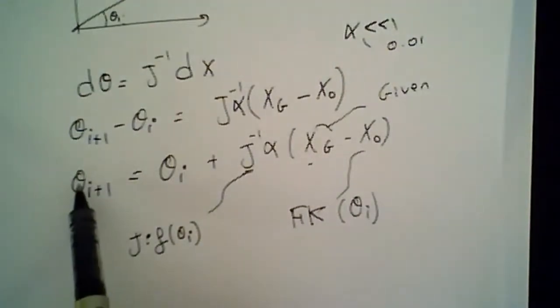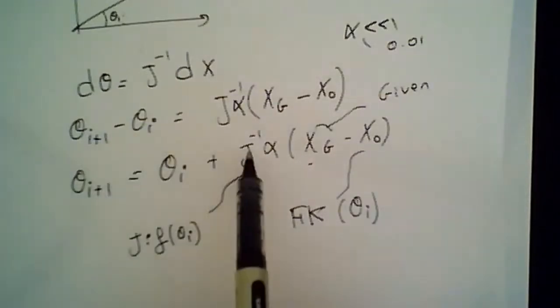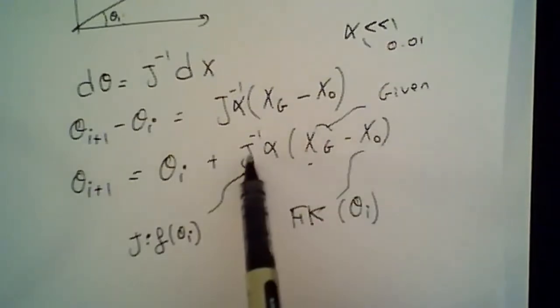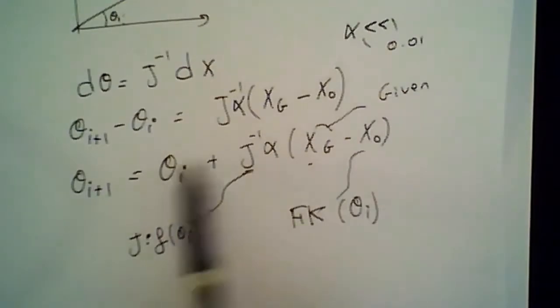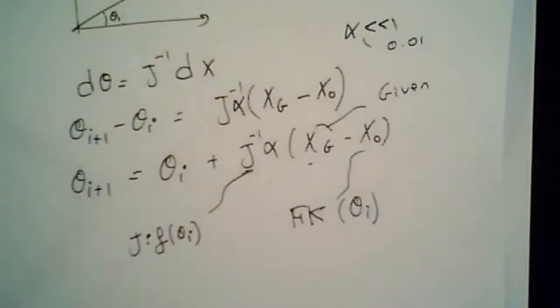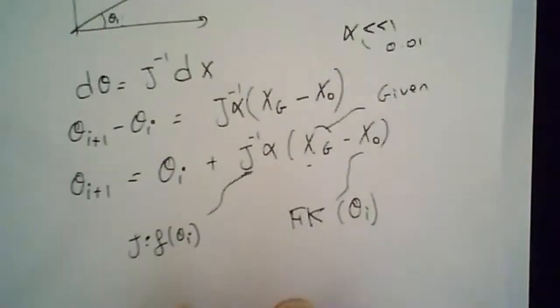In the next iteration, you use this theta here. So you are always using the older theta to calculate your Jacobian, to update your position, and you add this increment to your older theta. I want to give you some examples on that, and I think the best way to learn is by really doing. So this is how you can do the inverse kinematics of a robot using Jacobians.